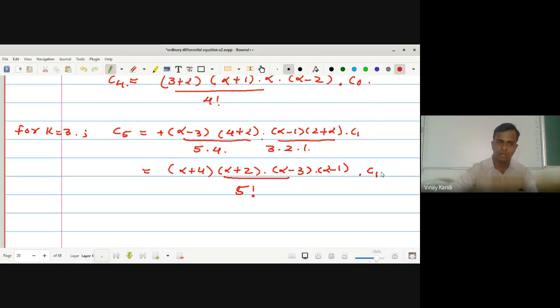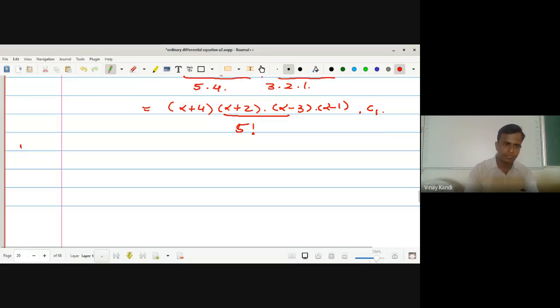Okay, now put K is equal to 4 now. सांगा काय येईल, K is equal to 4, सॉल्व करते का. C6 is equal to minus alpha minus 4 into 5 plus alpha divided by 6 into 5 into C4 na, C4. I'm putting the value of C4 here.